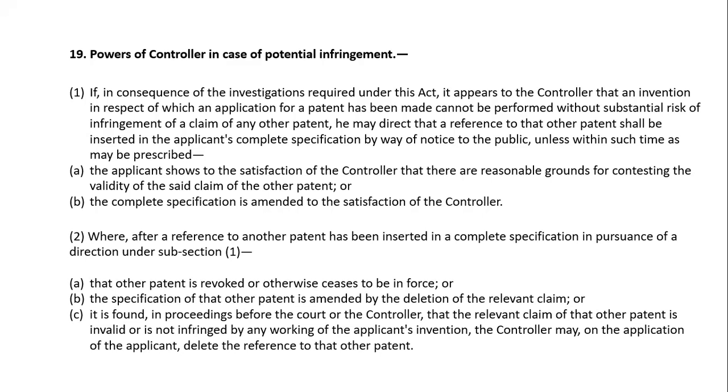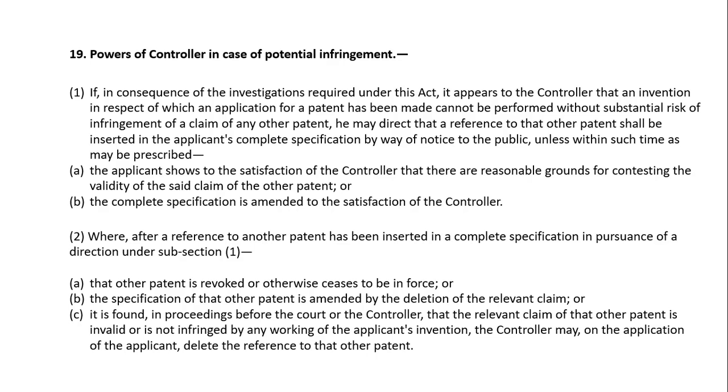Suppose at the time of infringement, what do we check? We are checking the claims. Now in some patent you will find similar claims to your application in the other patent. Correct? Correct. So in that case, what will you have to do?